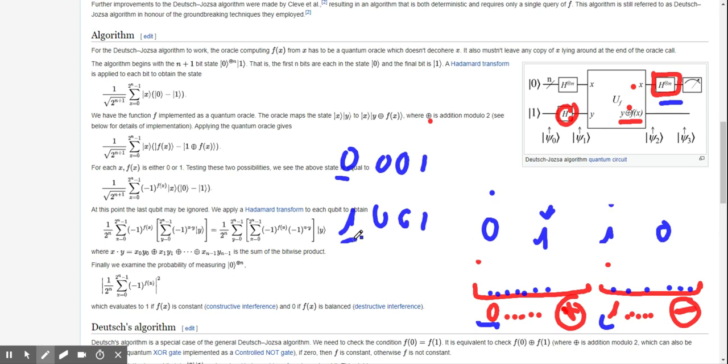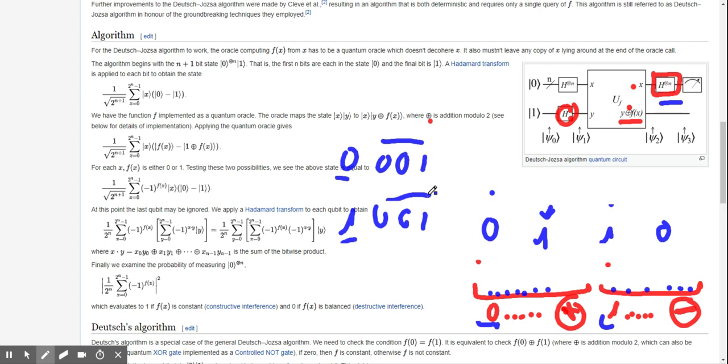Let's assume that this is a balanced function, and let's assume that this gives 0 for this input, and 0 for this input as well.